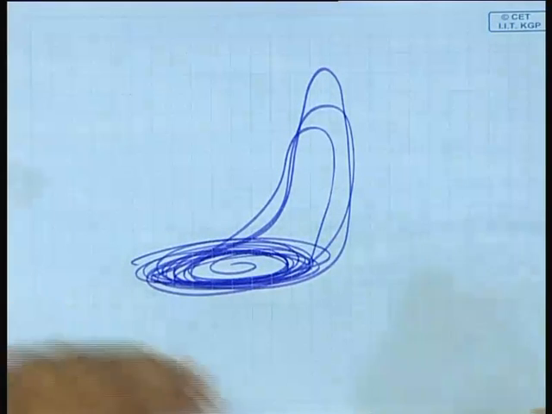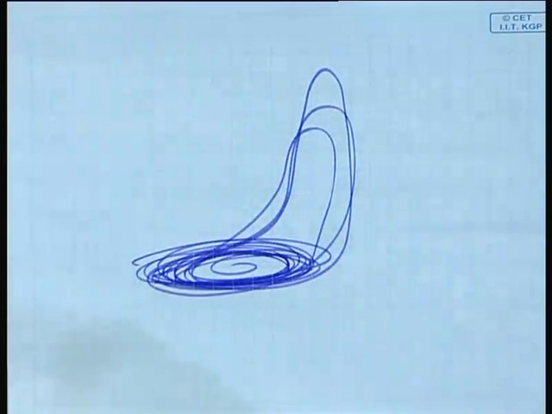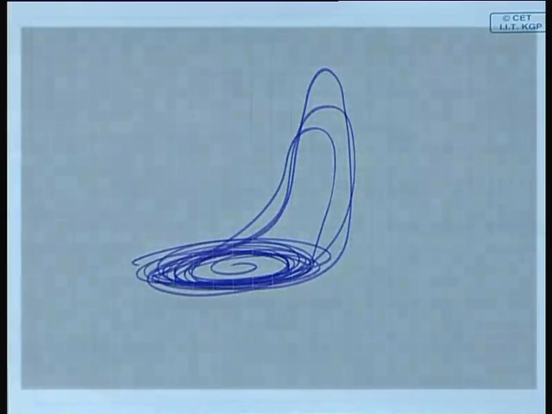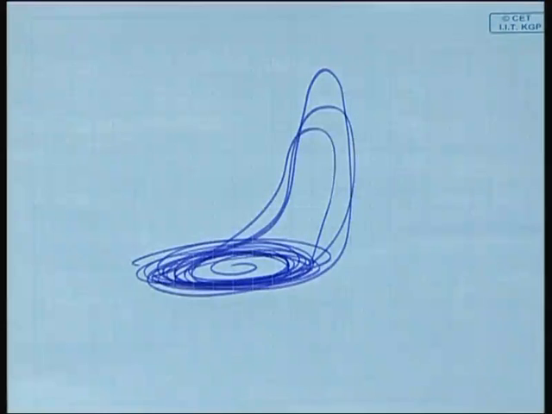If you now place a Poincare section through that orbit, say here, then you will see something like this. I will increase the number of points, I will make it larger. Can you see this? Can you see the computer? I will come back to the computer a little later.